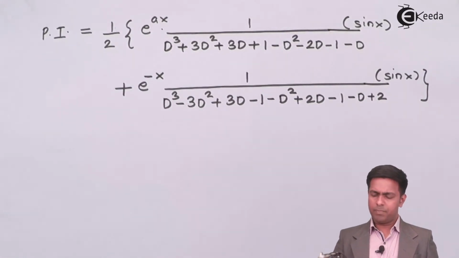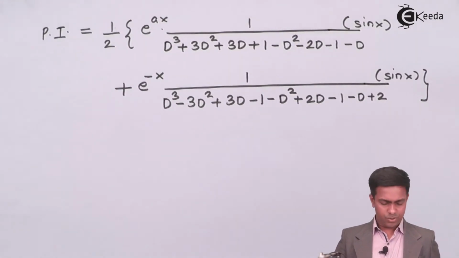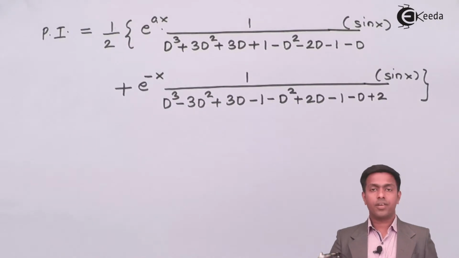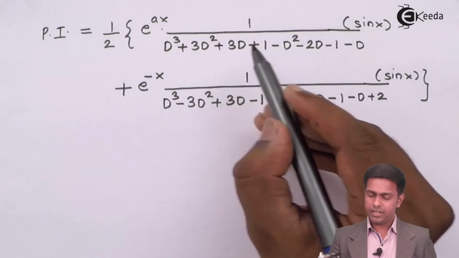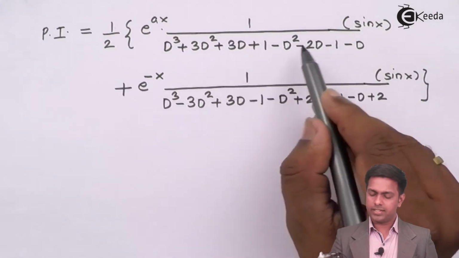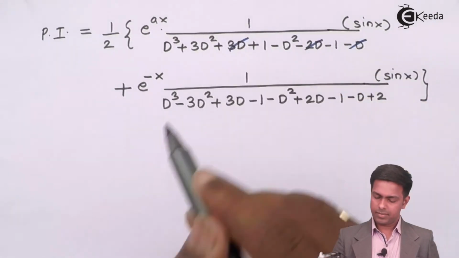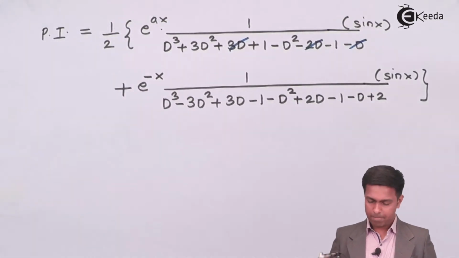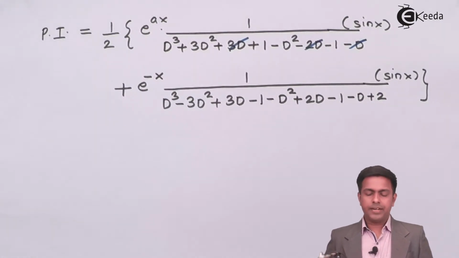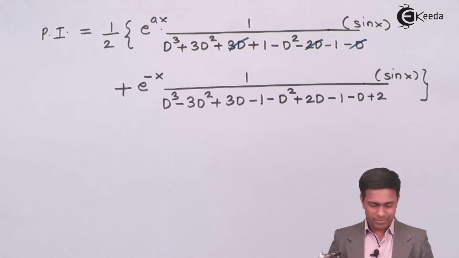Now let's simplify these terms. So here this 3d and this minus 2d, that is d and minus d, so all terms are cancelled. Now I'll write down the remaining terms.